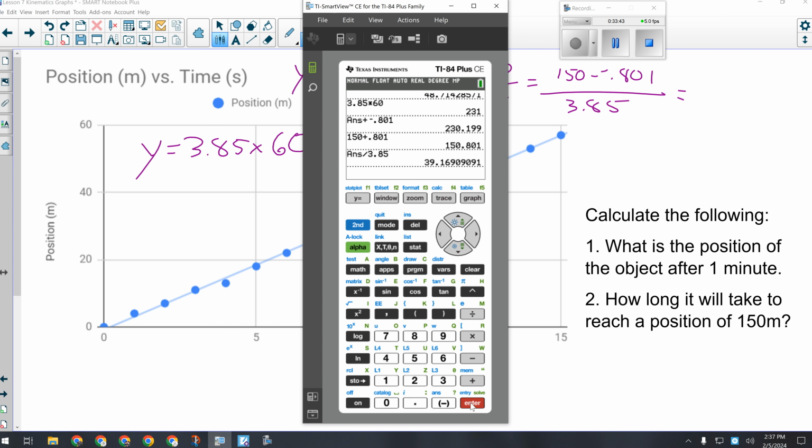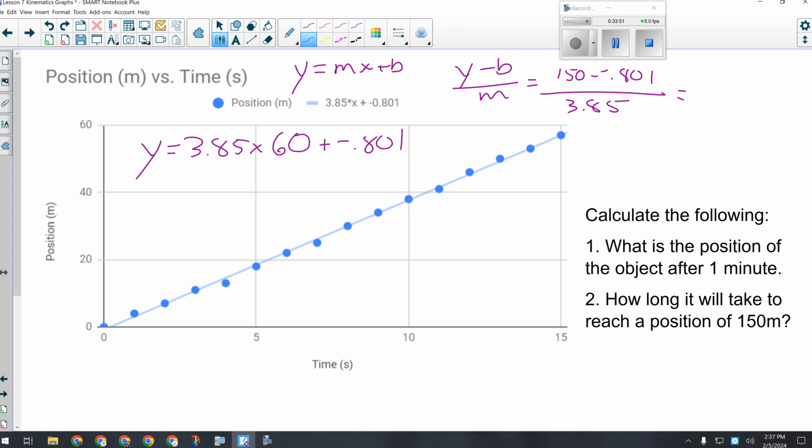Okay, so we're looking at 39. We do have 3 significant digits on that one, so we'd say 39.2 seconds. Everybody all right with that? Hopefully that's feeling a little bit familiar from last year.